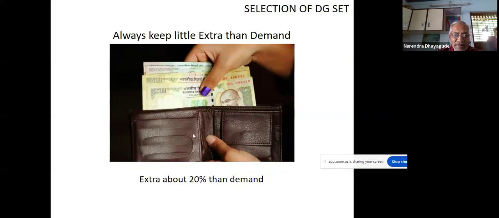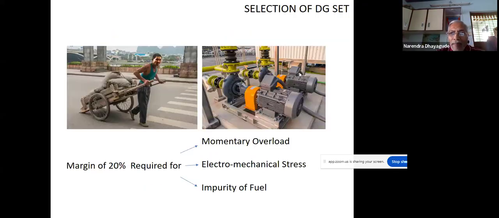The basic reason is, even though we are having some expenses, some 20% we keep inside the pocket for the extra demand or sudden demands. 20% margin is required for sometimes momentary overloads.